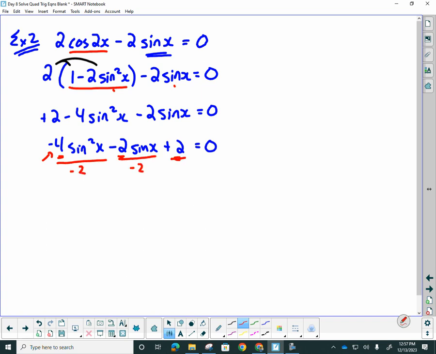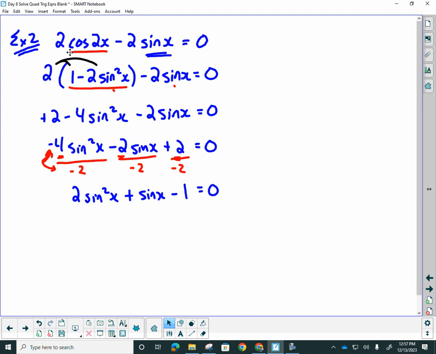I see negative 2 is common for everything. Well, 2 is common for everything, but if I divide by a negative, then this negative at the beginning will change into a positive. So if I divide by negative 2, I then will have 2 sin squared x plus sin x minus 1 equals 0.